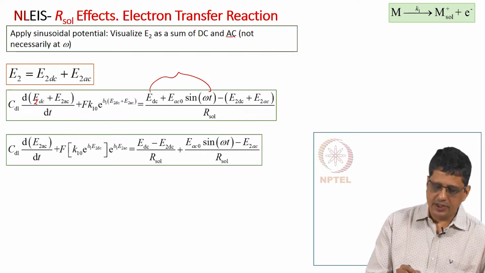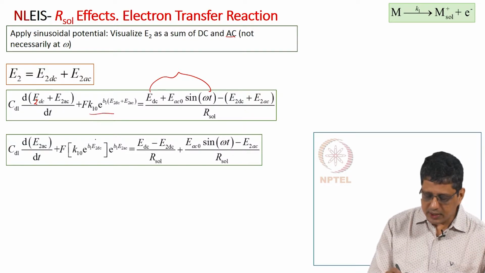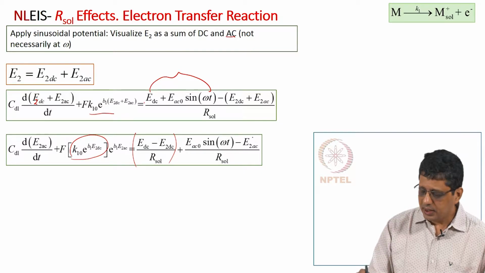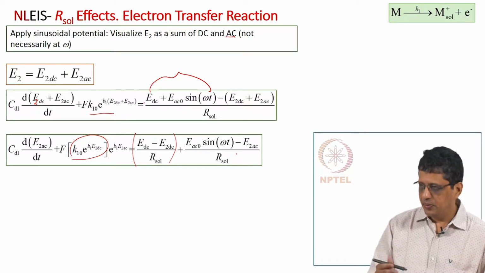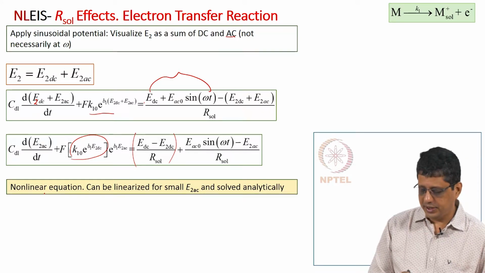Of course, by definition E2 DC does not vary with time, therefore, that goes away. The remaining terms can be grouped, K10 B1 E2 DC can be written as K1 DC. This EDC and E2 DC can be grouped here, sin omega t and E2 AC can be grouped here. It is essentially a nonlinear differential equation.